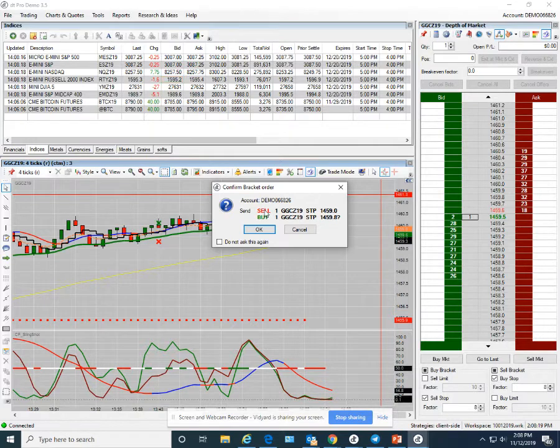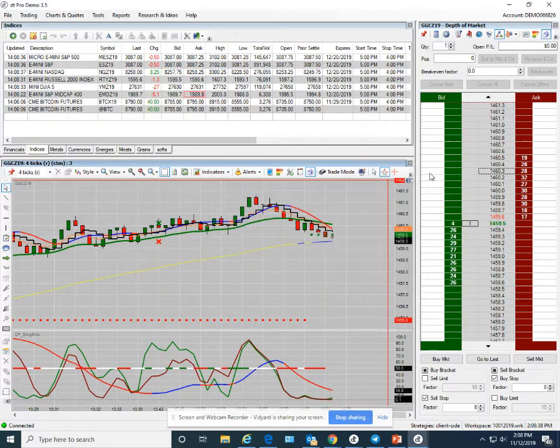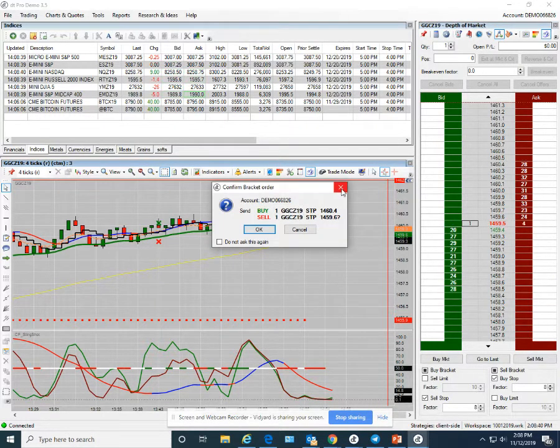Either way, right clicking in the red or right clicking in the green will create a buy stop or a sell stop. That's where sometimes the confusion comes into play. Left click limit, right click stop.